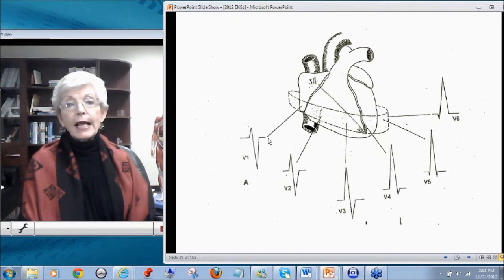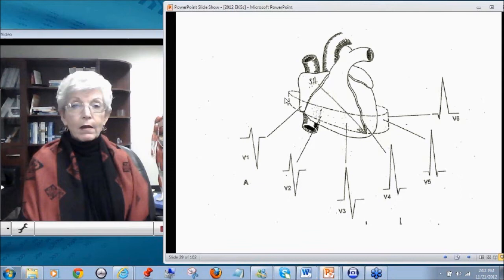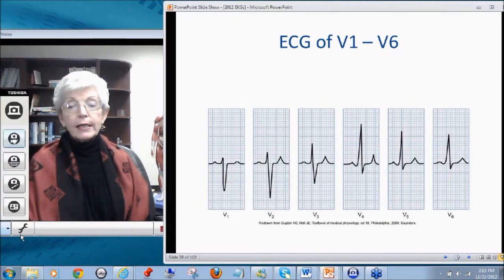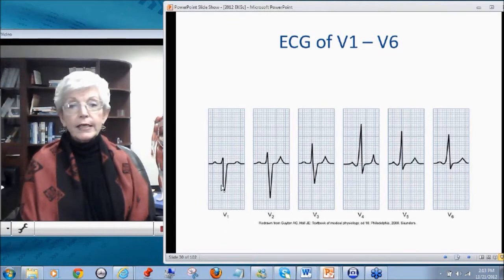And if we see lack of R wave progression, what part of my heart am I looking at? I'm really looking at the anterior and then outside lateral part of my heart. That's the angle of the heart I'm looking at, anterior lateral. So again, looking at the various leads: negative, negative, biphasic, positive, positive, positive on V1 through V6.